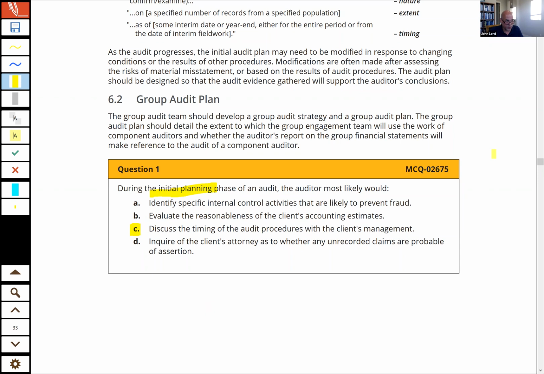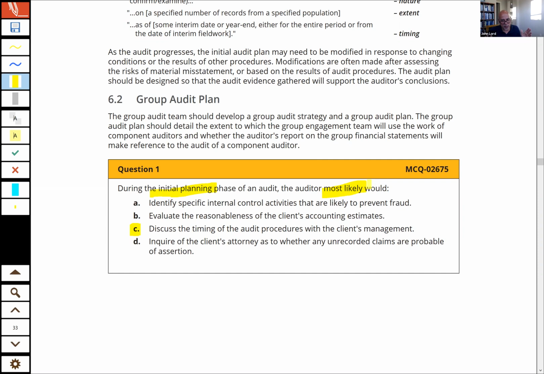That's a question. Beginning. It's the beginning of the audit. Good. So what are we most likely to do at the beginning of the audit? Again, we don't want to get killed by the examiners on this question. Okay. So at the initial planning, at the very beginning, is that when we're going to identify specific internal control activities that are likely to prevent fraud?